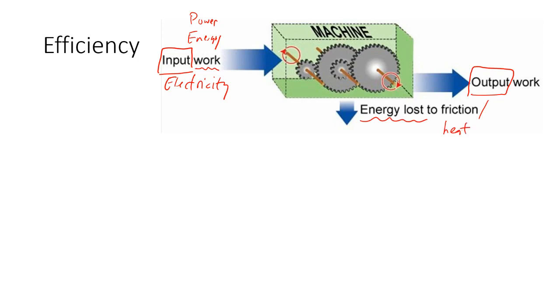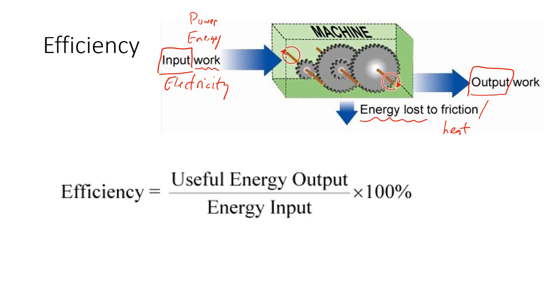Some amount of energy that we don't find useful is just lost to our surrounding environment. So when we talk about efficiency, we talk about useful output as it compares to the useful input, or the energy input of a machine.